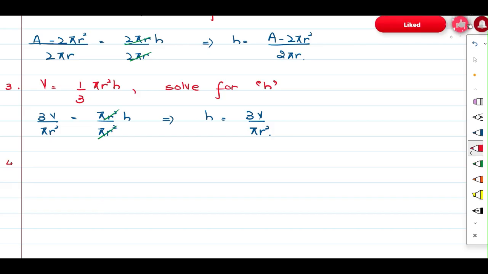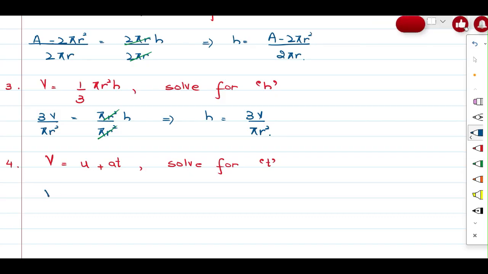Okay, let's do one more example. If I have v is equal to u plus a t, and the question is to solve for, let's suppose, t. Let me solve for the variable t. Now the variable v is in terms of u, a and t, and t should be in terms of u, a and v. t is over here, so we can say v minus u is your a t.